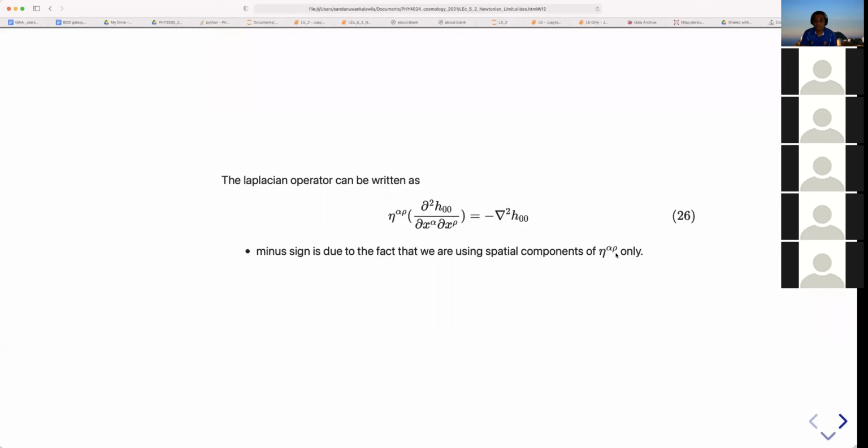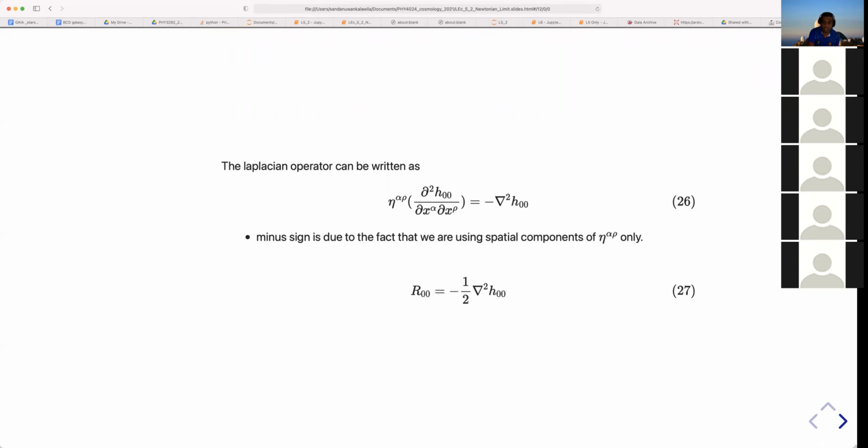You can see that eta alpha rho is basically minus 1 when you only use the three spatial components, right? So that's why we have it here, which means at the end of the day, the Ricci tensor can be written in this form: R00 equals minus half grad squared H00, right? So this is the final expression that I have for the Ricci tensor.